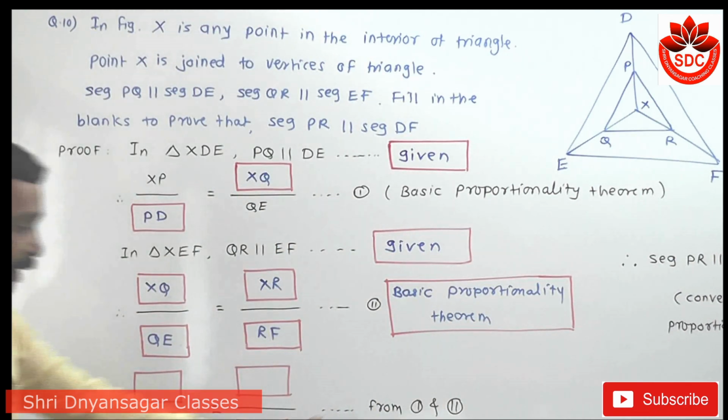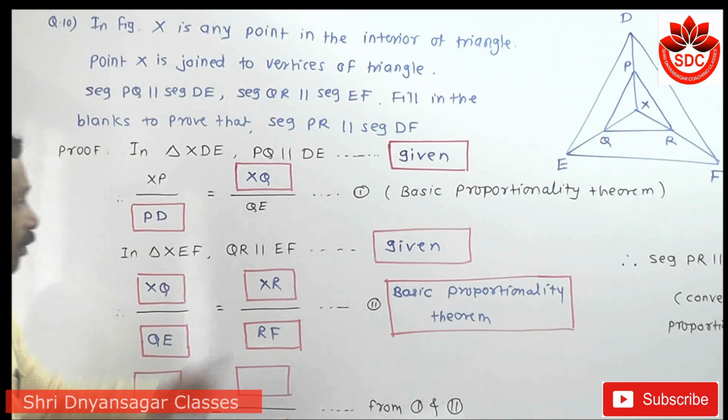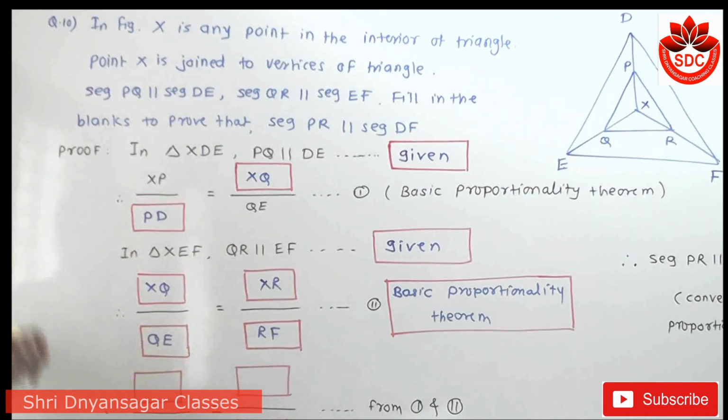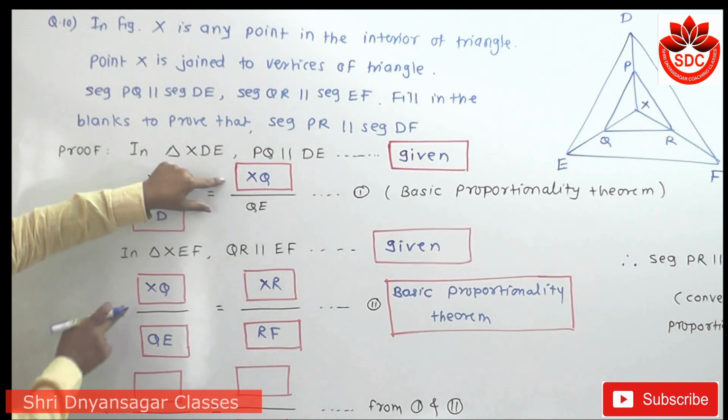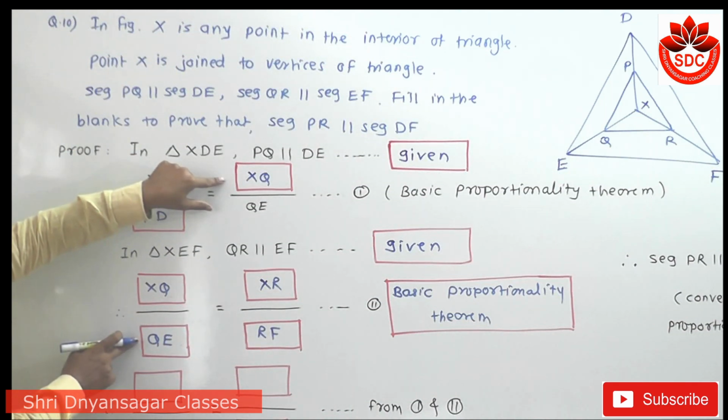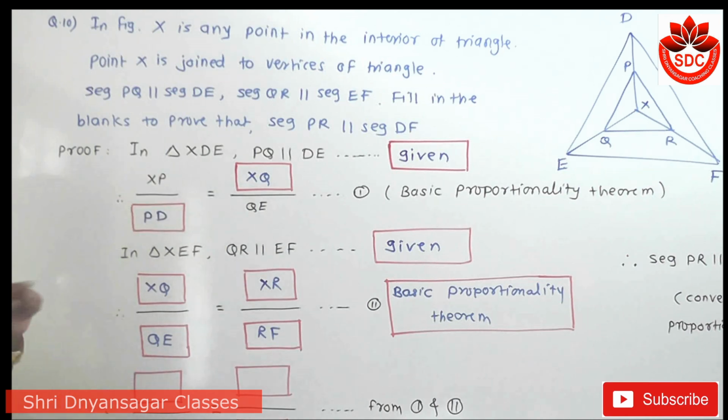Now student, here is from first and second. By using equations first and second, when we observe this ratio, XP upon PD and XR upon RF are the same. If this ratio is equal to this ratio, and this ratio is also equal to this, but these two are equal, so the first and third ratios are also equal.